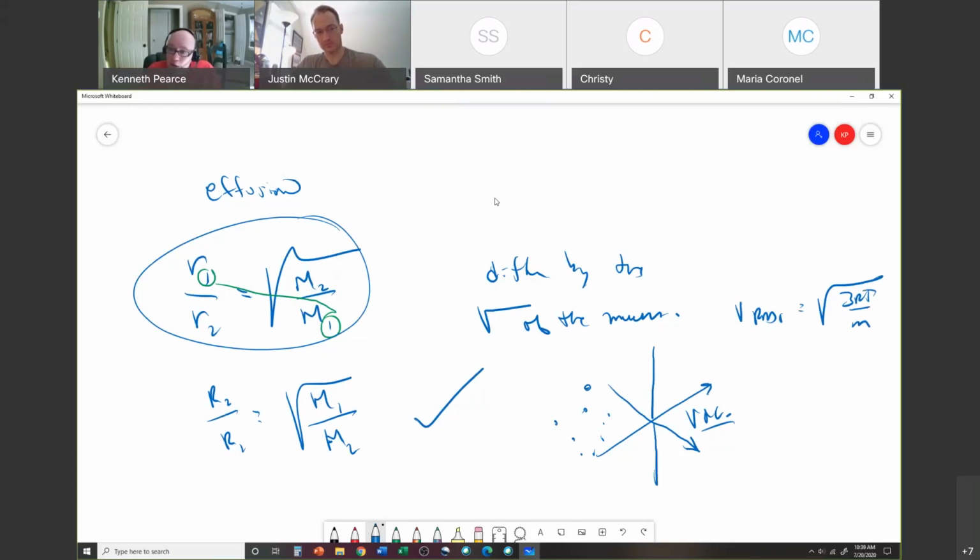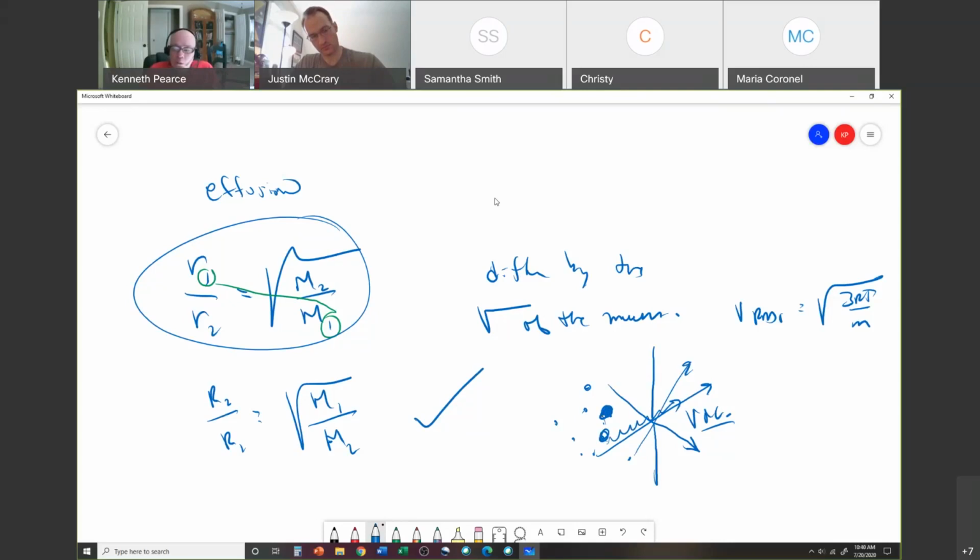The ratio of how fast they're moving determines whether they're going to come through that opening or not, relative to the other molecules. So if you're big and heavy, you're going to come through a little bit slower. And if you're light and small, you're going to come through a little faster. And it's going to be related by the square root of the ratio of your masses. And it all comes back to 3RT over M.